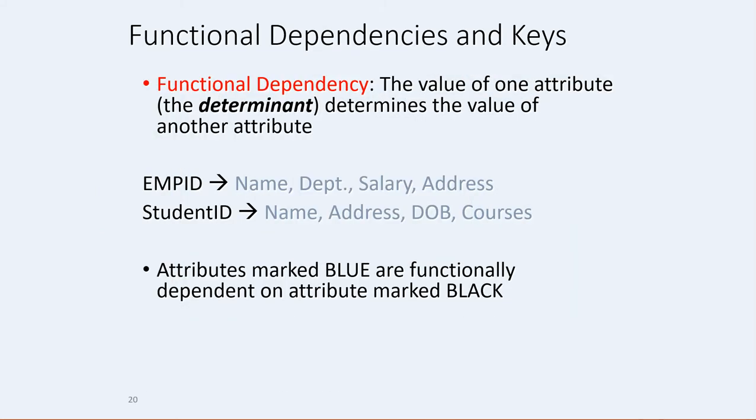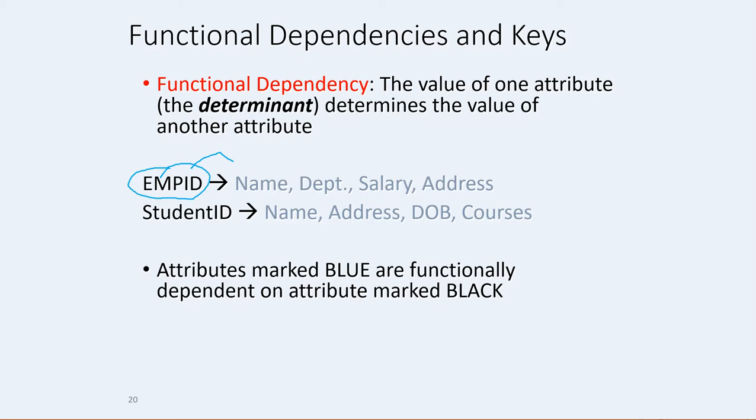Before we do that, let me talk about functional dependency, what that is, as we will be using that as part of 2NF. A functional dependency means that one attribute determines the value of another attribute.